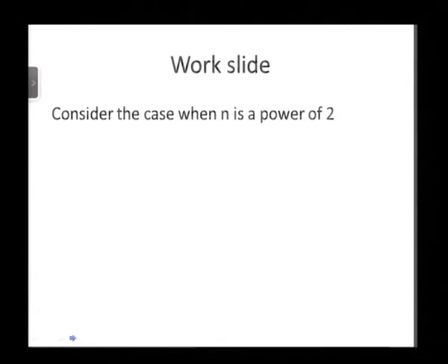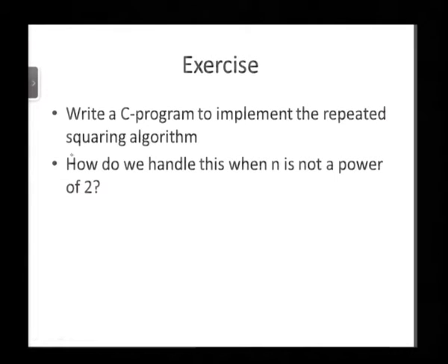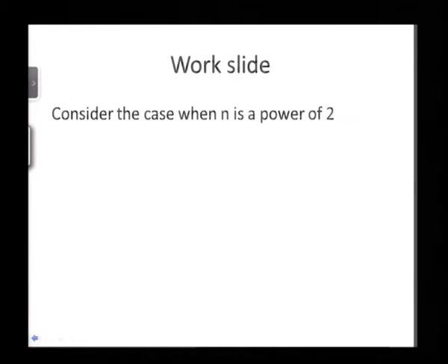Consider the case when n is a power of 2. So, let us assume that the number that is given is x, and we want to compute, say, x to the power of 64. So, let us write down the sequence.